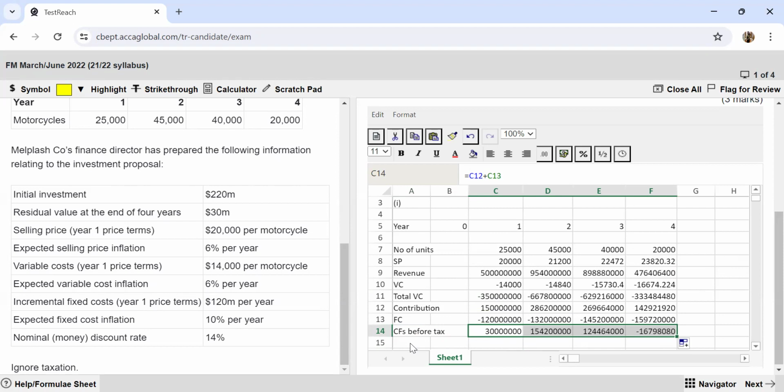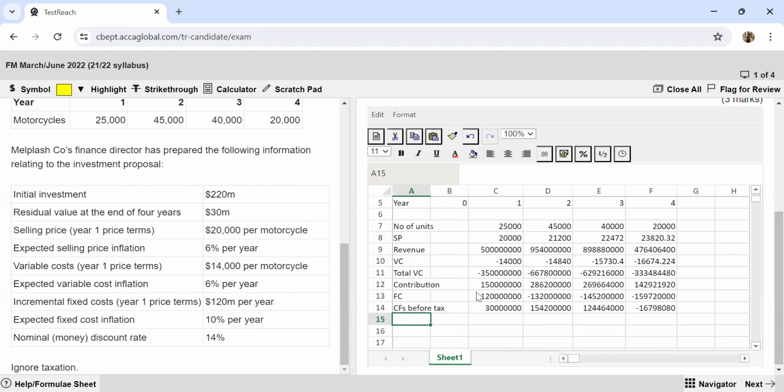Now, one more thing which we are supposed to do over here is that we need to account for the initial investments as well as the residual values because we do not have any tax and we do not have any working capital. So this is our last step, initial investment and scrap value. So my initial investment goes out today, which is year 0.